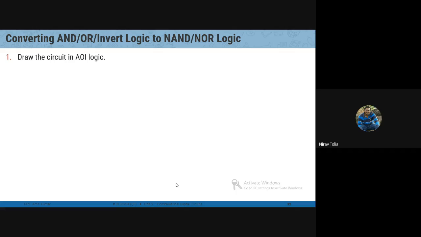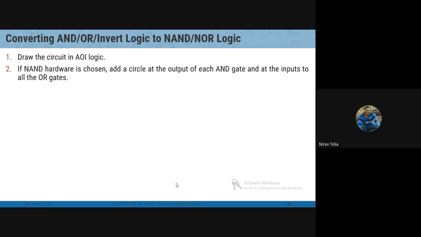For that, we have certain rules. Suppose you have any function, we cannot directly draw that function by using NAND logic or NOR logic. First of all, you have to draw the AOI logic for the given function, or the given Boolean algebra or equation. So first you have to write down the equation.